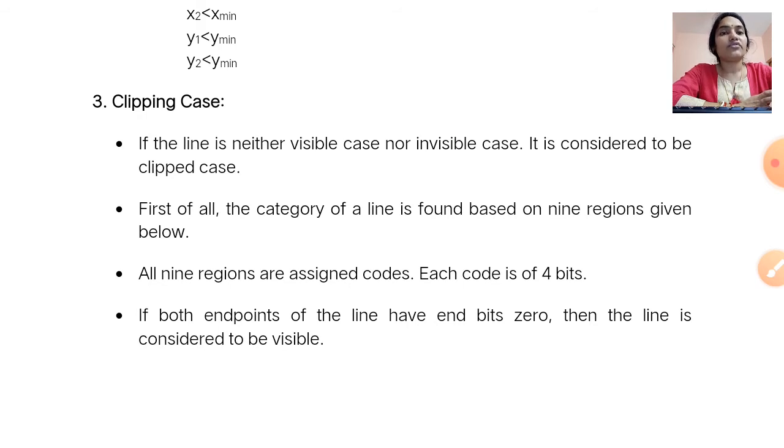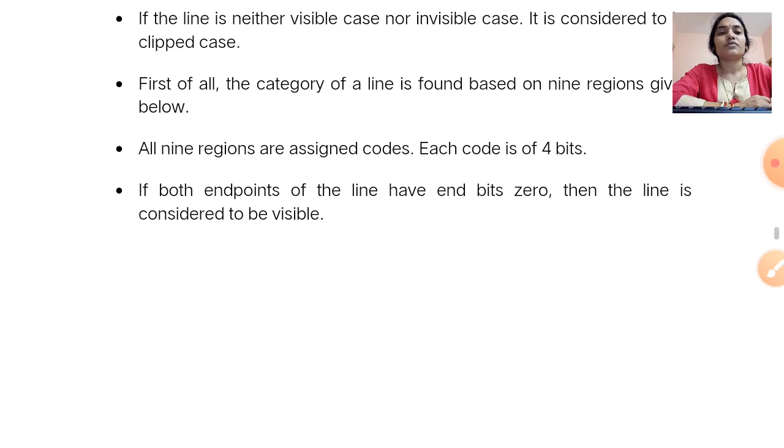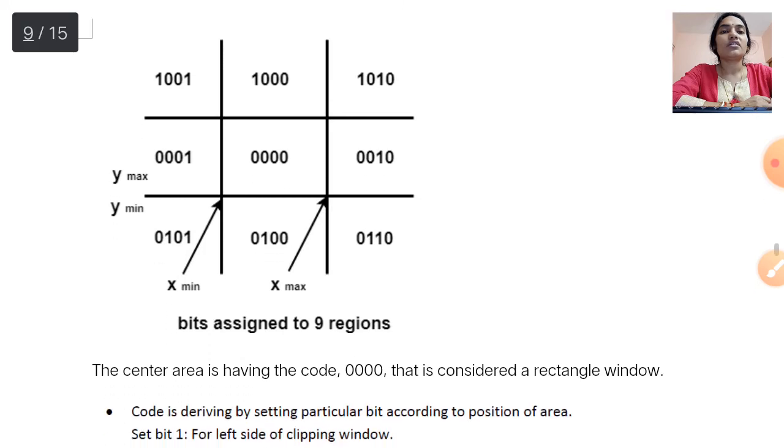The 9 regions are given below, and all 9 regions are assigned a code. Each code is of 4 bits. If both endpoints of the line have AND bit 0, then the line is considered to be visible.